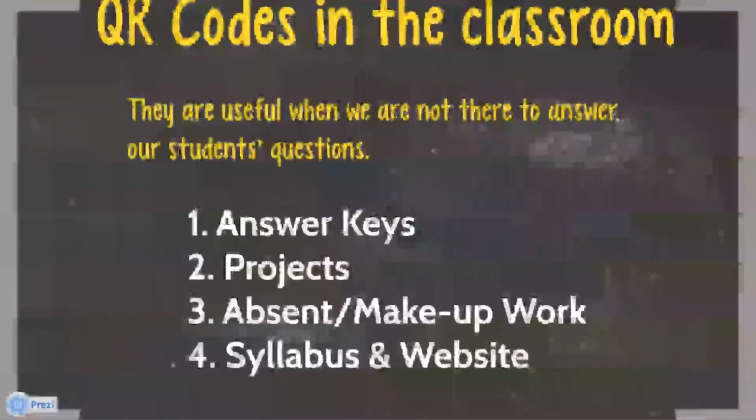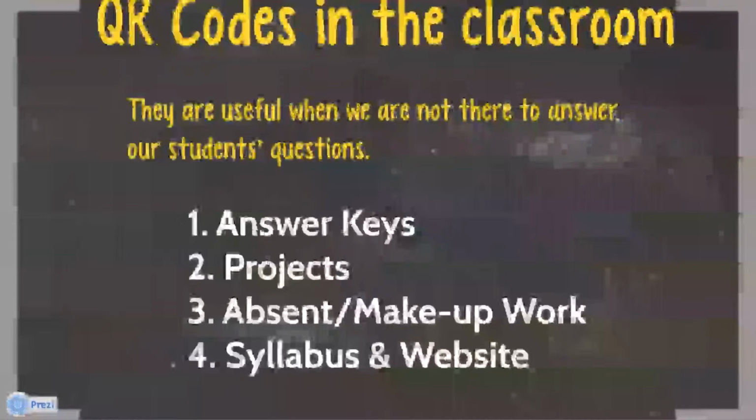Now, using QR codes in the classroom, we need to remember that they are useful for when we can't be there to answer our students' questions. So they're great for generating answer keys. Maybe we assign a packet of questions, or we do an activity at the beginning of class, or my math teachers, I know that you have all the odd numbers in the back of the book given with answers.